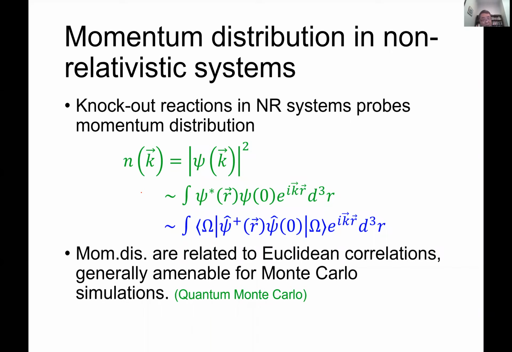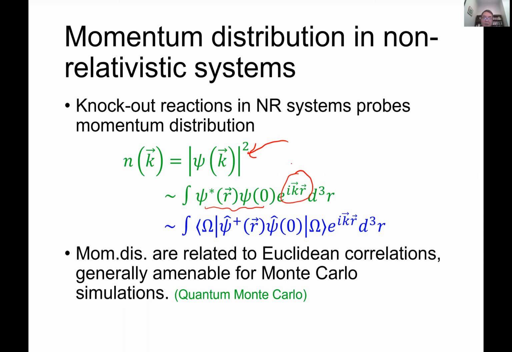So let's start with a very simple system like the hydrogen atom. The electron's momentum distribution in a hydrogen atom is related to the wave function in momentum space squared. If you expand this in terms of the coordinate space wave function, you see that it's just a correlator of the wave function in coordinate space, and then you Fourier transform.